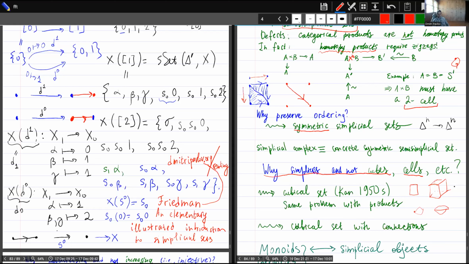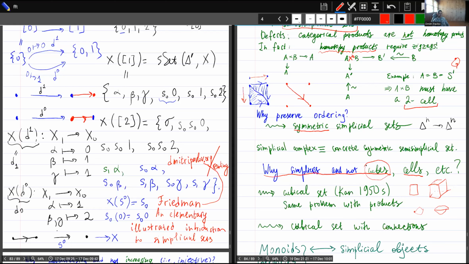In fact, historically speaking, the first developments in abstract homotopy theory were cubical. The first two papers by Kan in the mid-50s were about cubical sets. He used cubes in the very beginning.